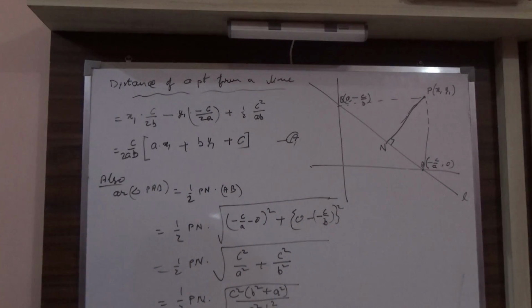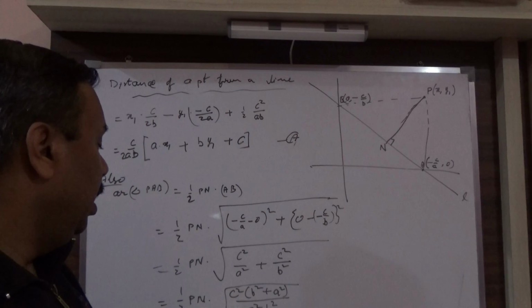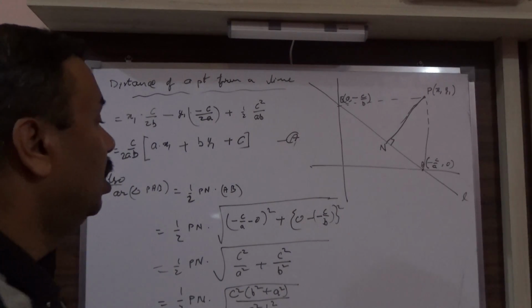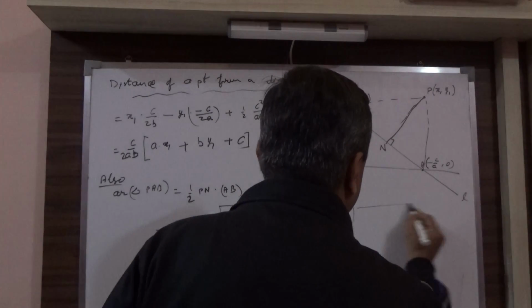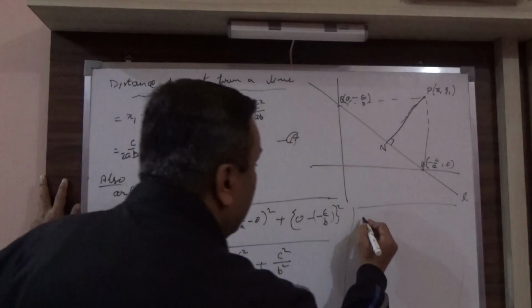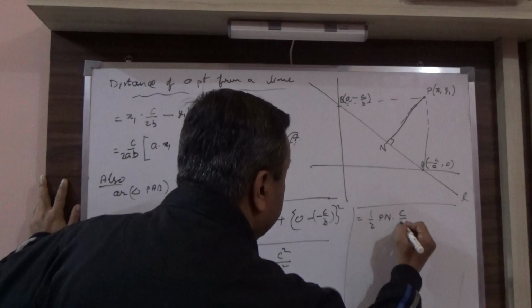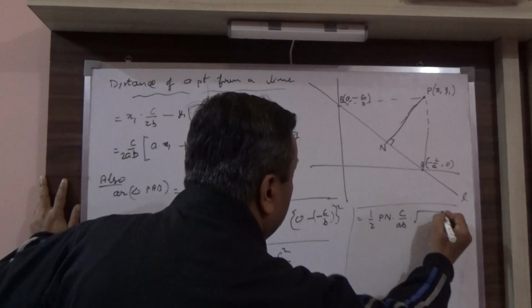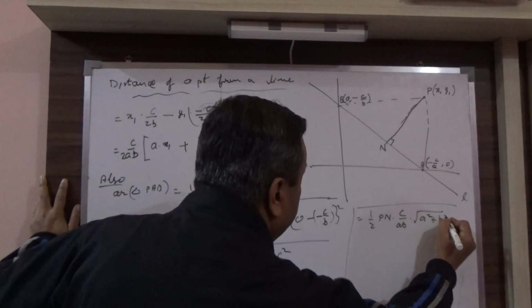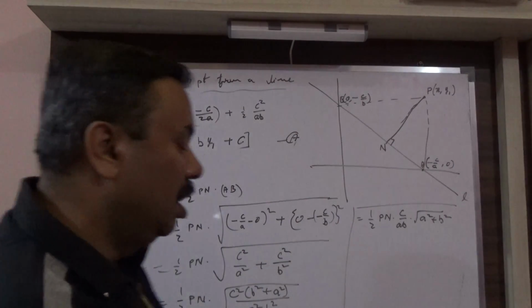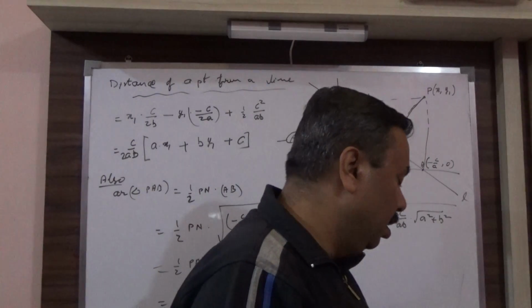Now see, C square over AB, I can take it out from this. So what I get is half of PN multiplied by C over AB times square root of A square plus B square. That is what you are getting.